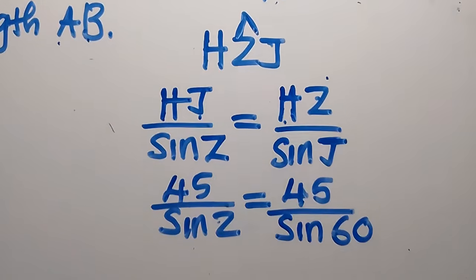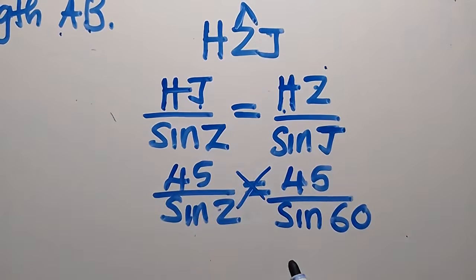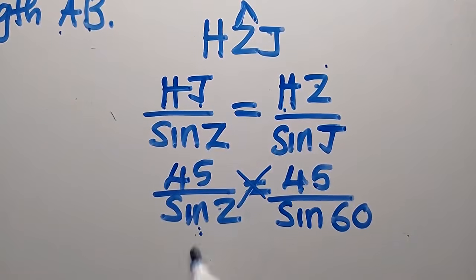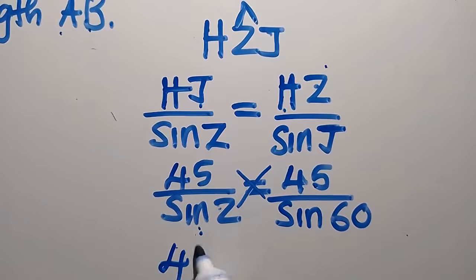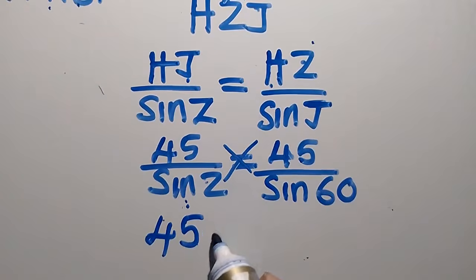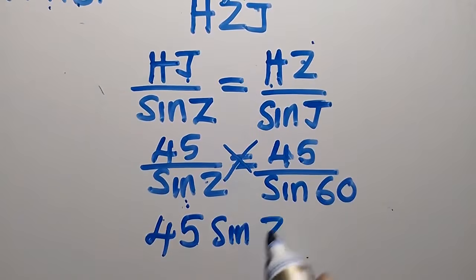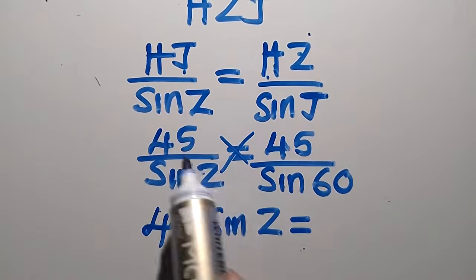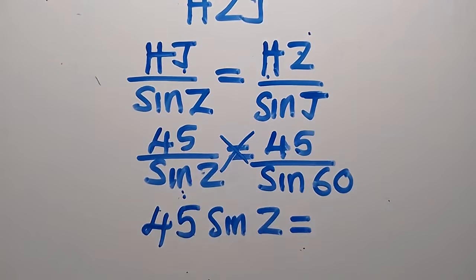So from here now, you cross multiply. So we are going to say 45 times sine Z is equal to... I can go direct here. I just press on my calculator, 45 times sine 60.